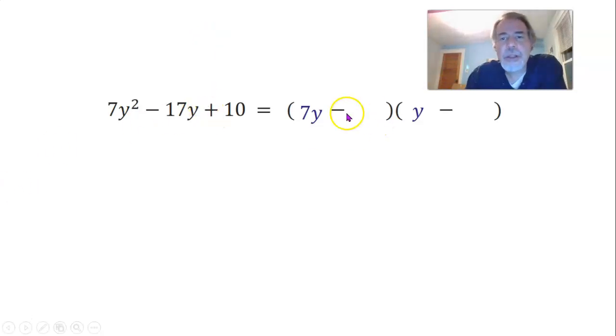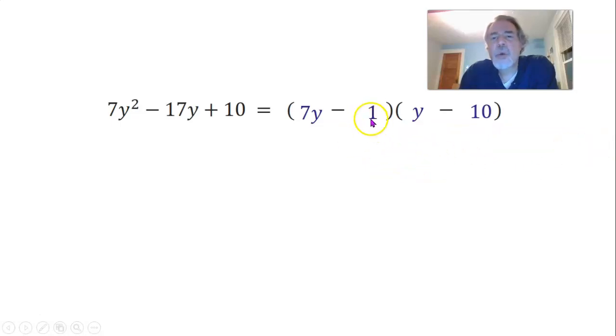So I went ahead and put in the minuses. It's got to be 7y minus something times y minus something. Now I have to figure out the somethings. I've got to either put a 10 in one of these slots and a 1 in the other, or a 5 in one and a 2 in the other. So let's try something and see if it works. Let's put a 1 here and a 10 here and check that.